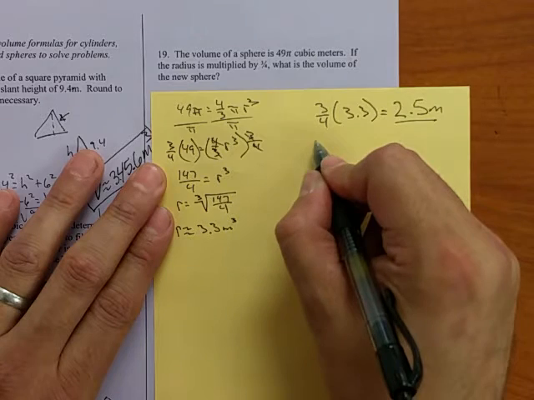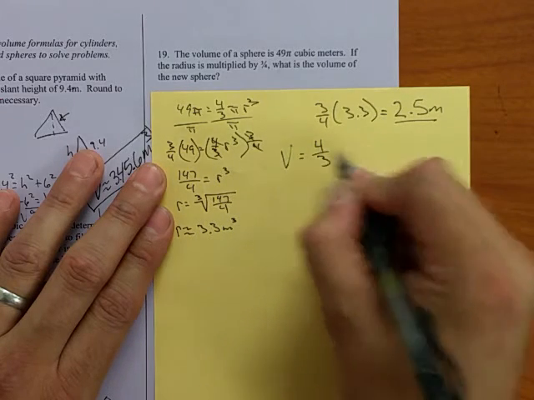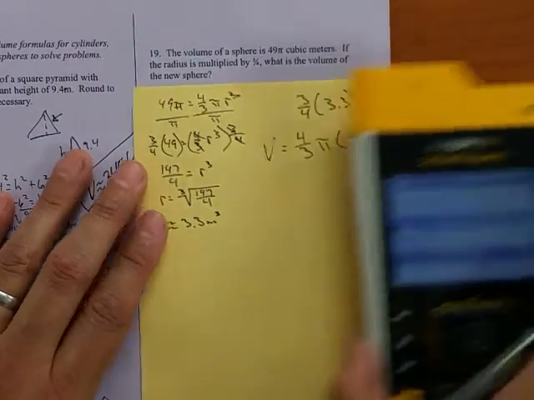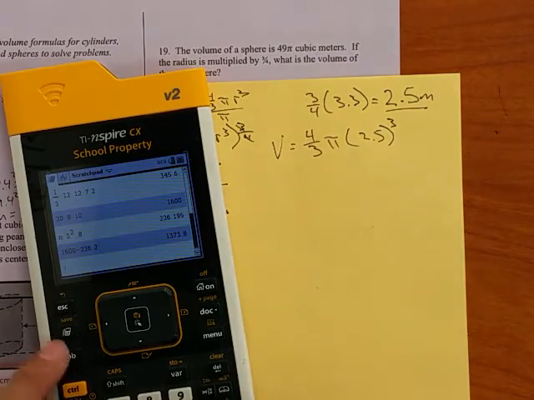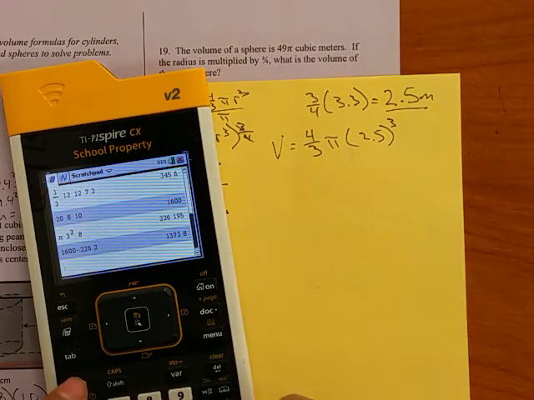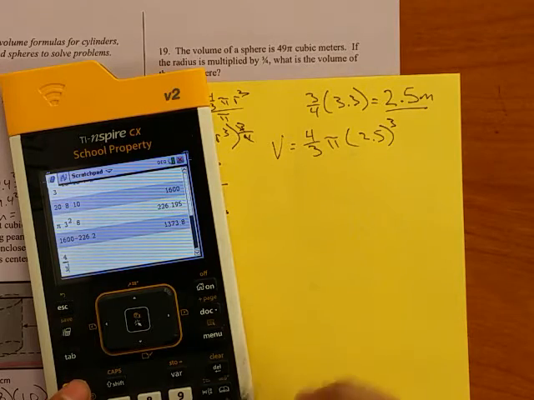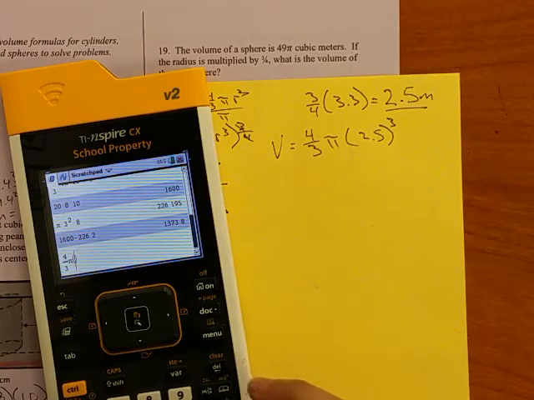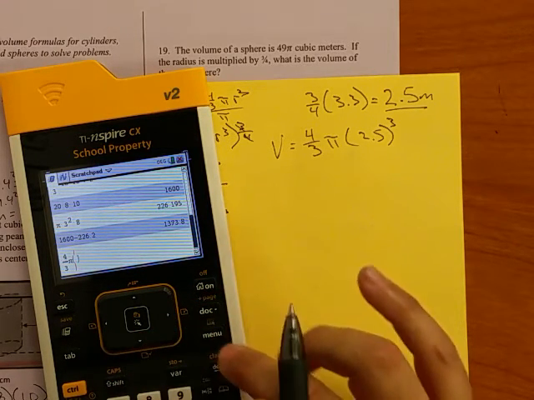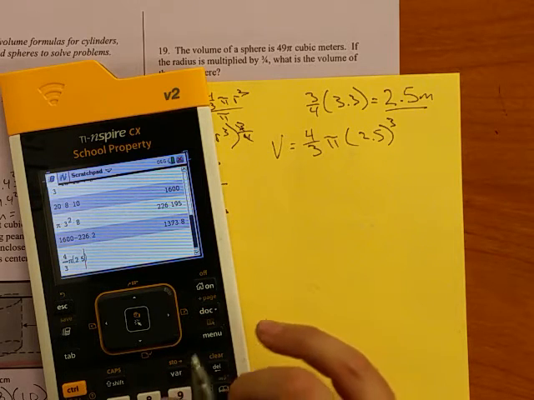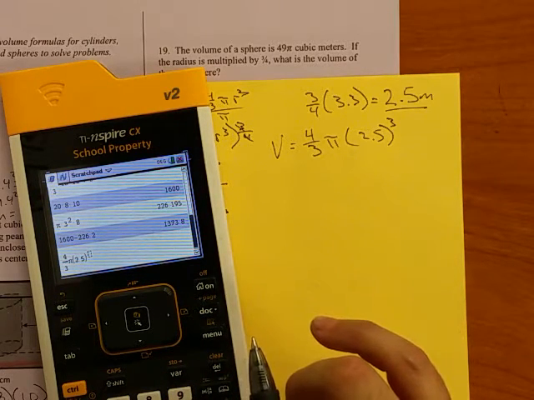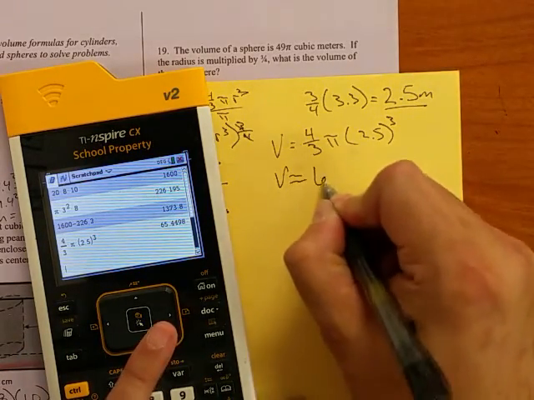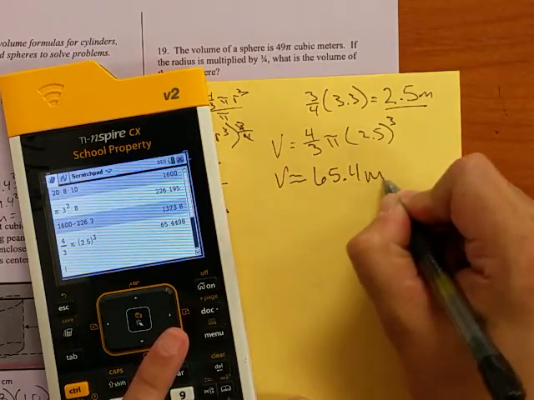So 4/3 pi times 2.5 cubed. 4/3 pi times 2.5 raised to the third right here. So volume is about 65.4 meters cubed.